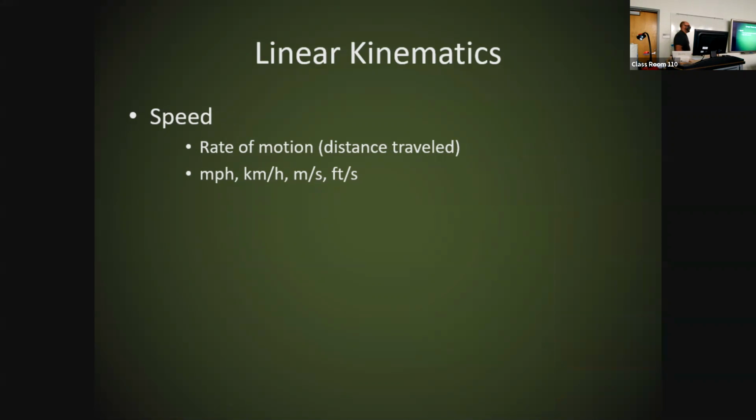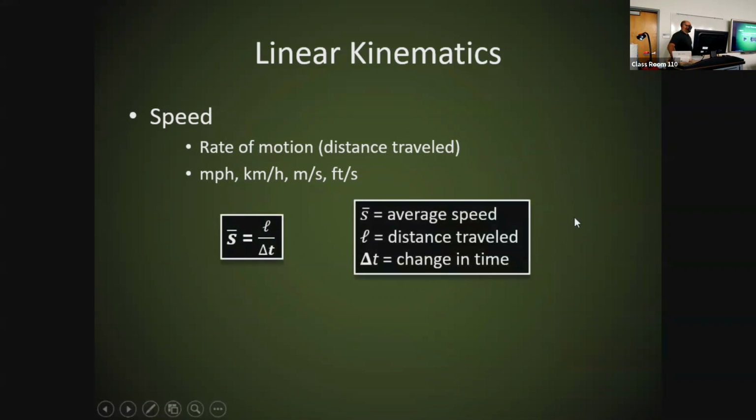Then speed is the rate of motion, taking into consideration the distance, the actual path somebody took. It's miles per hour, kilometers per hour, meters per second, feet per second. A lot of times we're looking at the average speed over that distance: the distance traveled and the change in time, or just the total time it took.